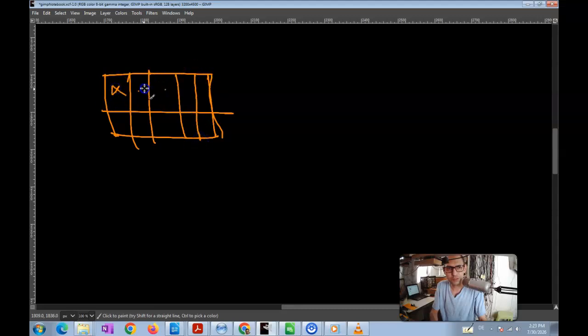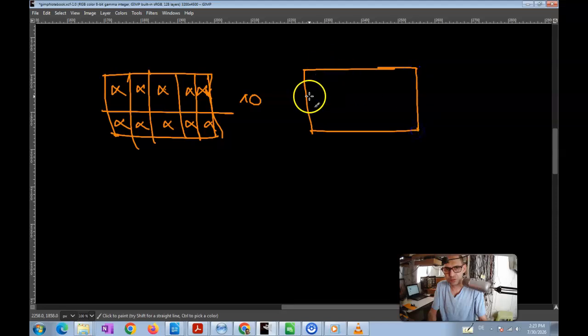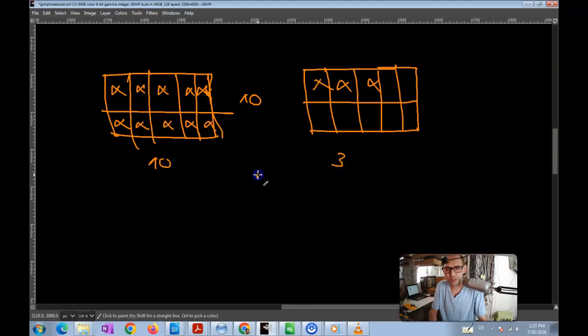And for a group of 10, something like this would be a group of 10. Then you can do something like this: 1 2 3 4 and 5, and that would be a 10 plus a 3, which is a 13, right?